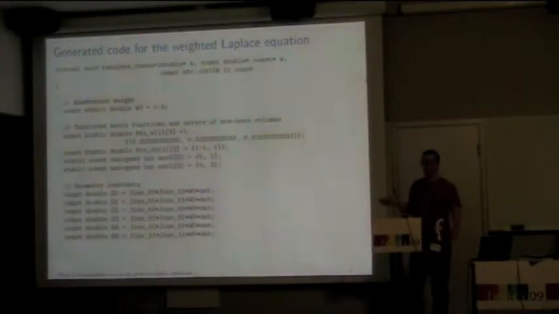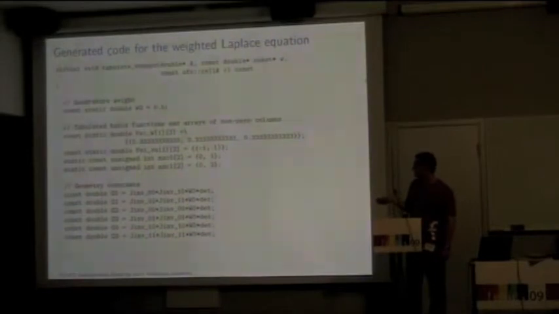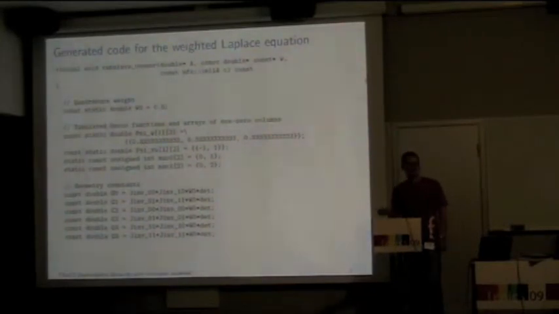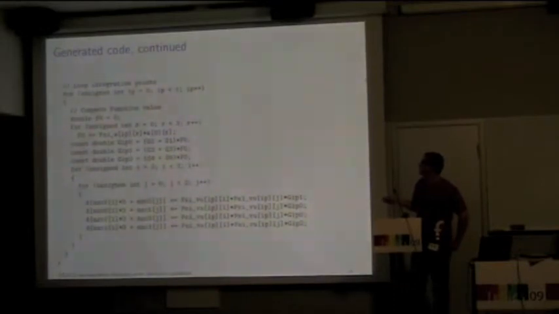Then we compute everything which is constant, so independent of loops. Typically it will be the geometry terms, the determinant, but it could also be constant functions, like discontinuous constants. They would also be included in these terms. And then we loop over the integration points.